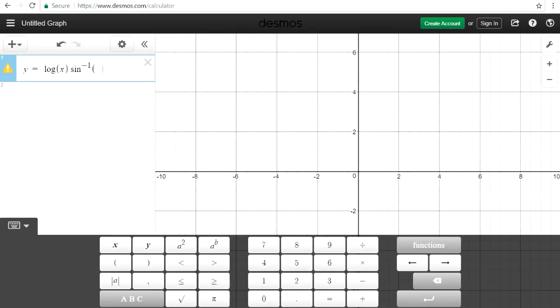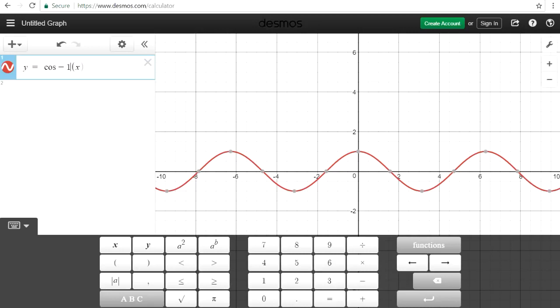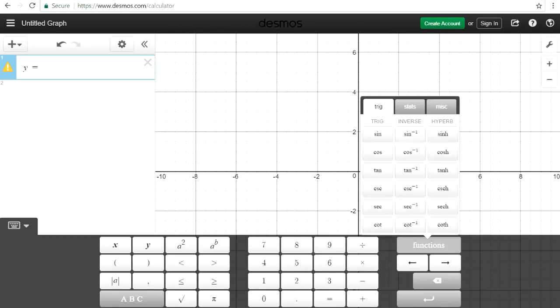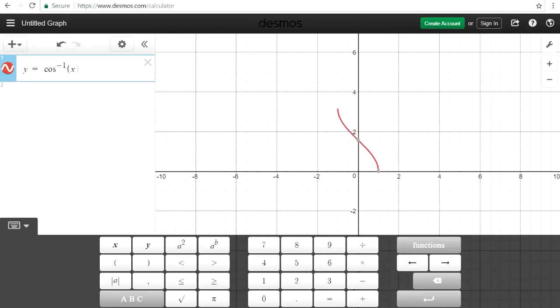Let's try inverse sine. And then there's arc cosine. Okay, that didn't work. Let's go back to functions. There's arc cosine.